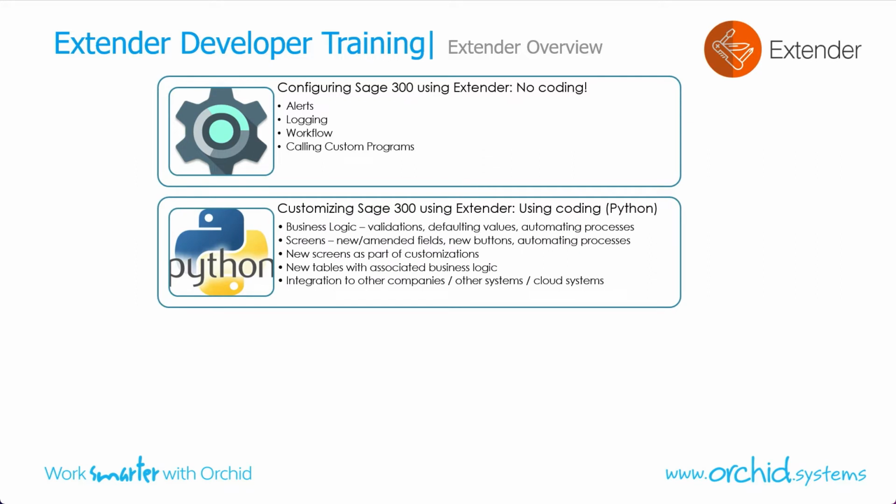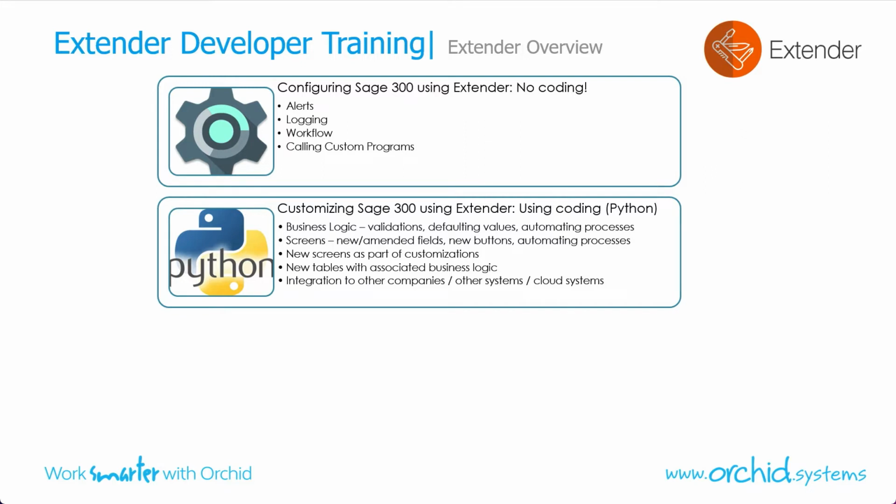The Developer Edition allows you to customize Sage 300 business logic and third-party business logic as well, if it's created through the SDK. You can add additional validations or default values, or you could automate processes. You can also customize the Sage 300 Classic VB screens.